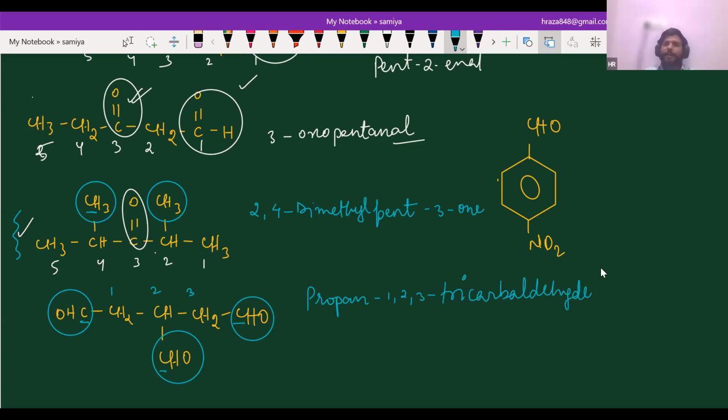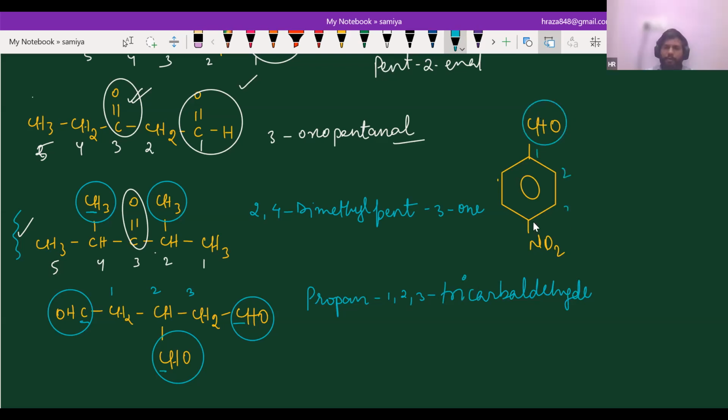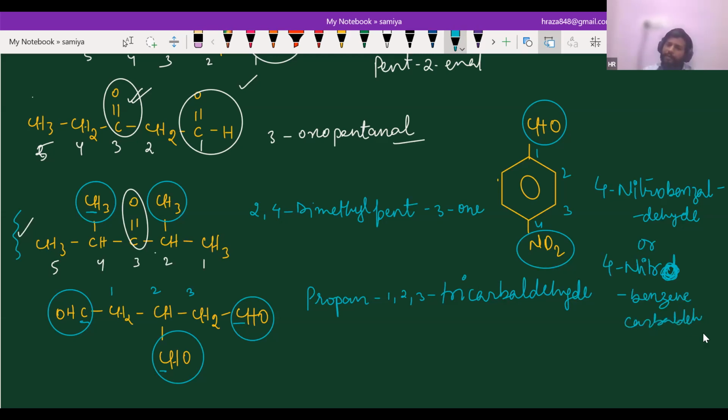Is that clear? This is the functional group, so we give it number 1, 2, 3, 4. This is the branch, so 4-nitro, and benzaldehyde. Either you can write 4-nitrobenzaldehyde, or you can write 4-nitrobenzene carbaldehyde.